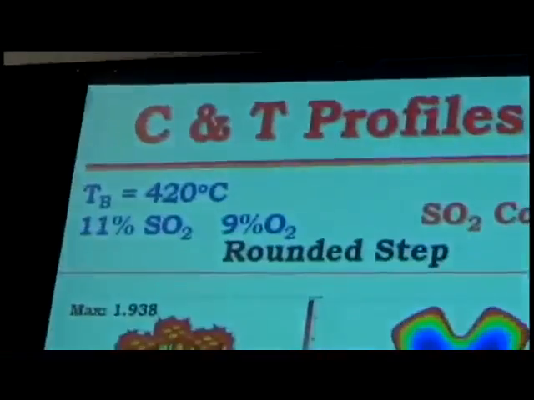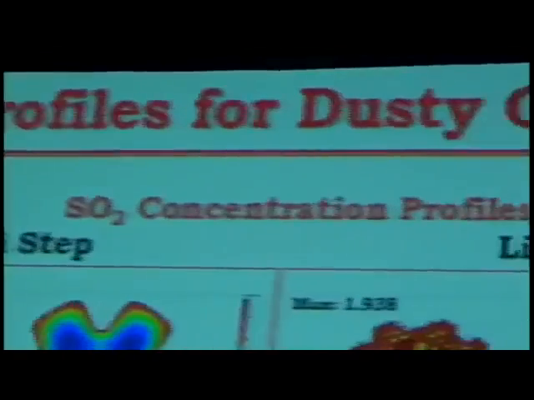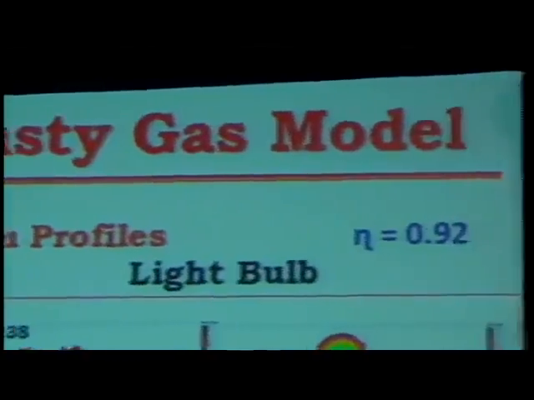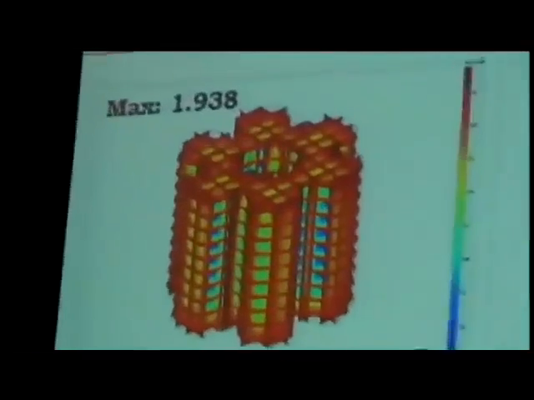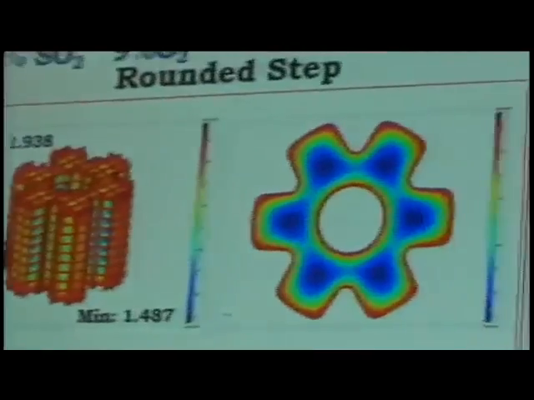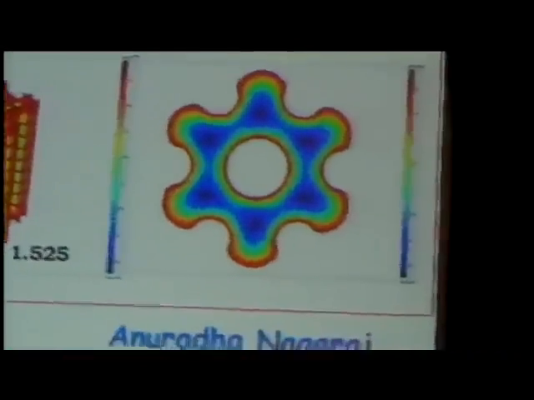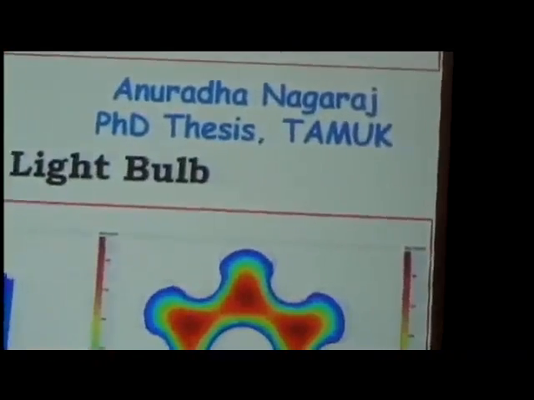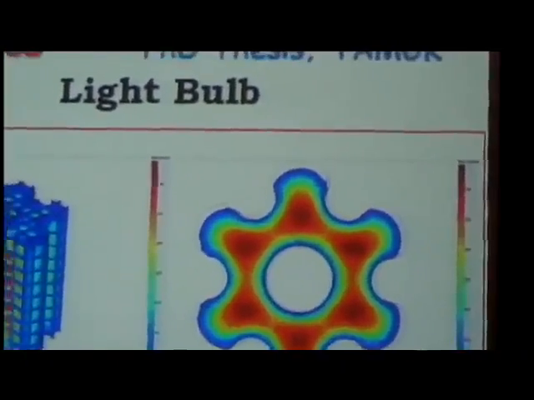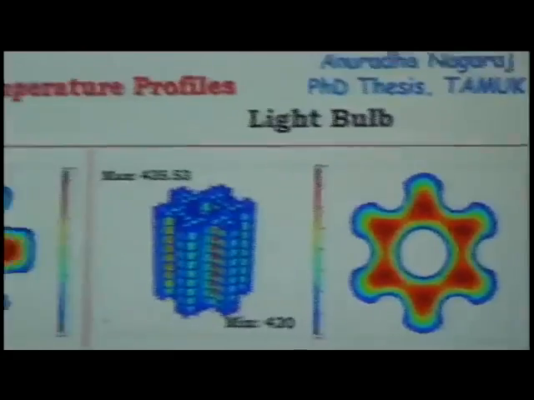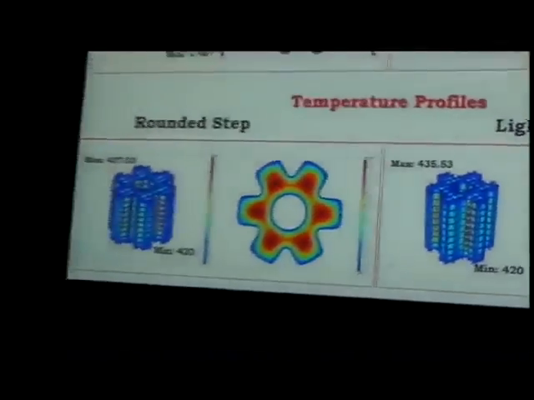Again, we could use that same approach that I showed earlier, and we could examine the detailed performance of these various particle shapes. So in the past, a lot of work went toward trying to identify optimal shapes, but by the use of modeling tools, one can start to examine the impact of shape, not only on pressure drop, but also on the effectiveness factor or the activity of the catalyst for a given microkinetic type of model.